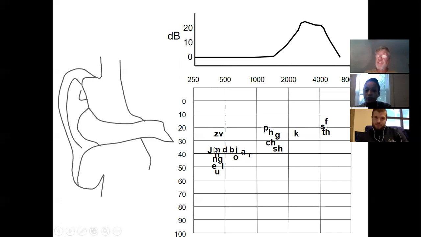Now remember what I was talking to you about in acoustics earlier in our Zoom session? Put your hand to your throat and say the letter Z. Z, throat vibrates. J, M, D, B, A, O, A, R, all your vowels. But when you start getting to the other letters, they are higher in pitch and they are softer.